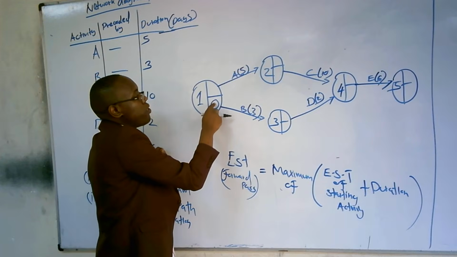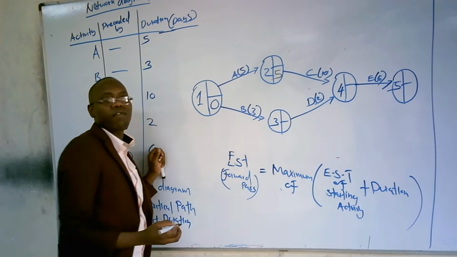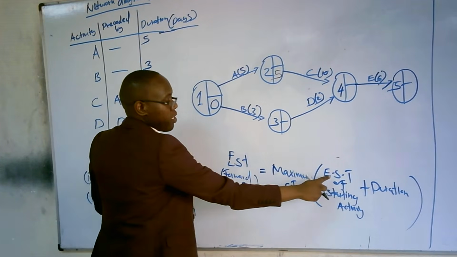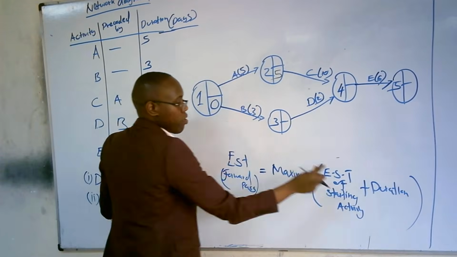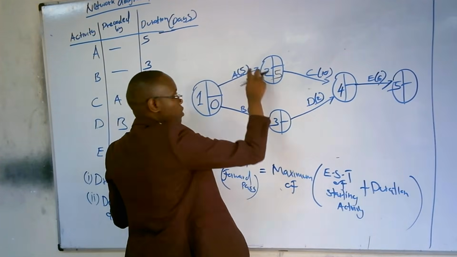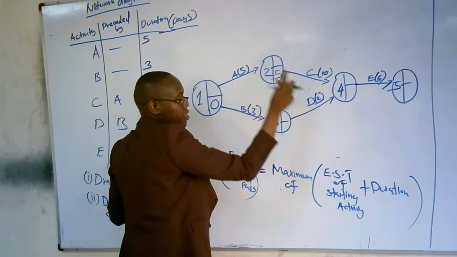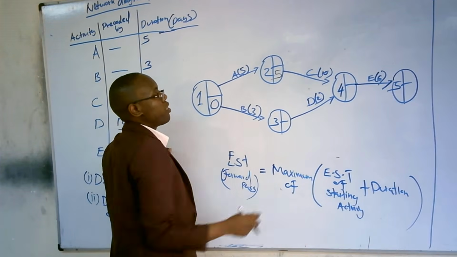So it's going to be 0 plus 5, which is going to be 5 here. So we're going to have our 5 there. That is the earliest start time of the starting activity, which is 0, plus the duration, which is 5. So 0 plus 5 as per the formula, and then you get 5.